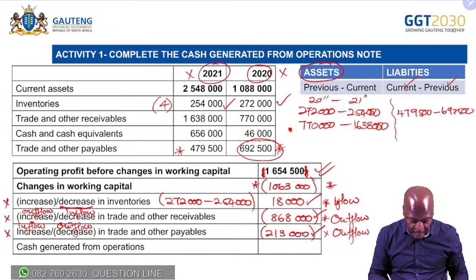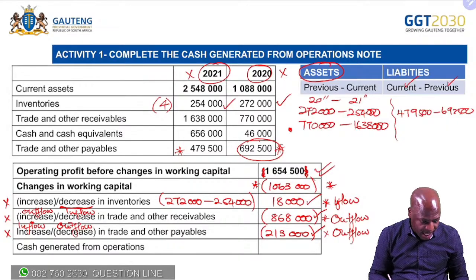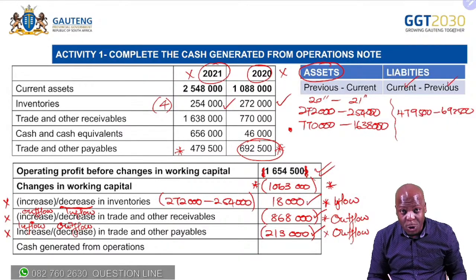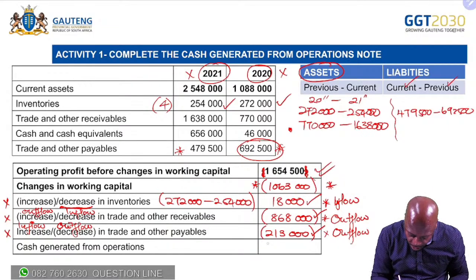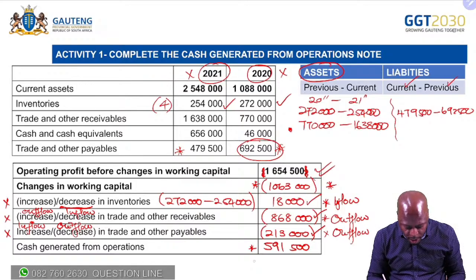It should then give you an amount at the end. Okay, punch that in your calculator. How much do you get? You should get an amount of 591,500. This is what we call cash generated from operations.